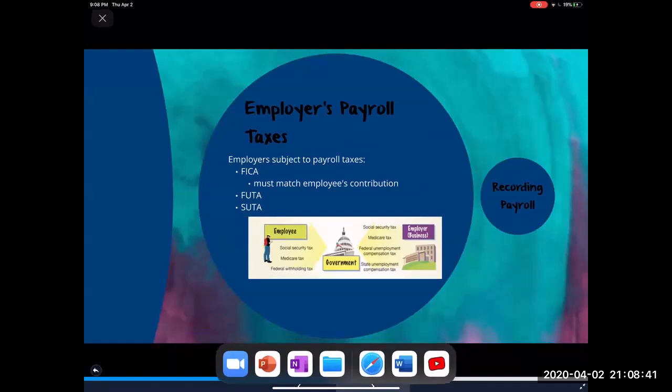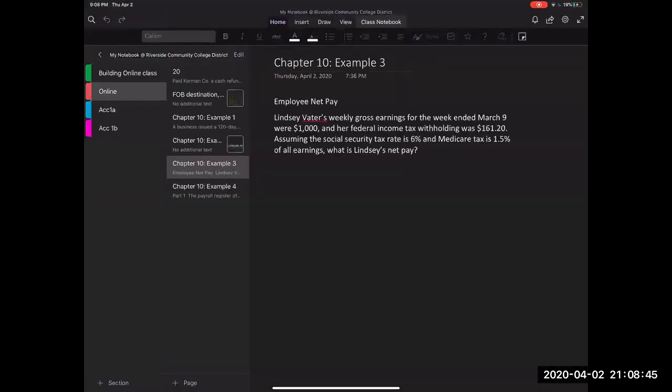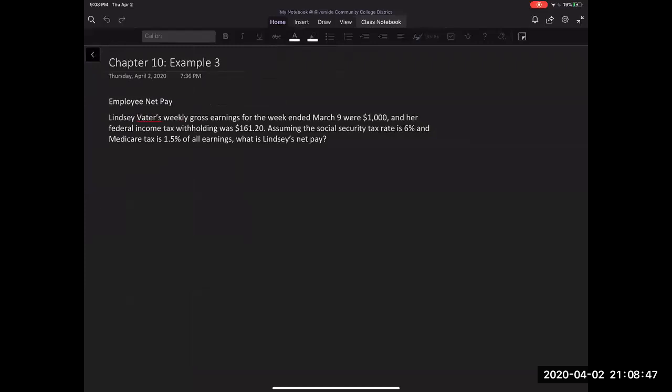If you're following along, we are now doing example number 3 in the handout. In example number 3, we have Lindsay Baders. Her weekly gross earning for the week ending March 9 is $1,000, and her federal income tax withholding was $161.20.